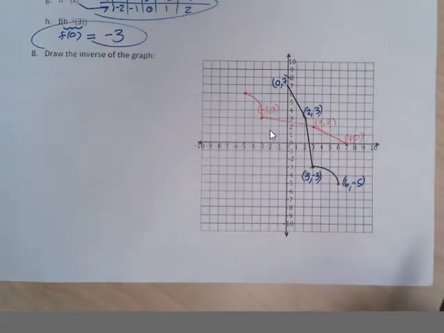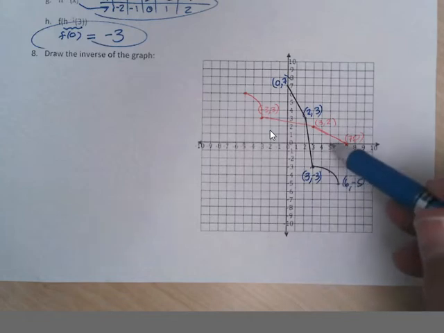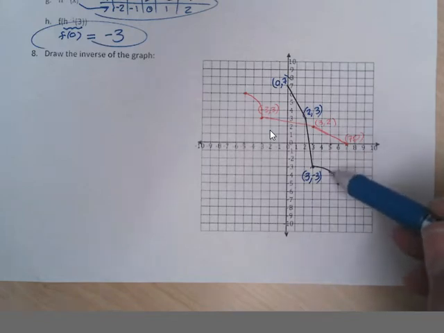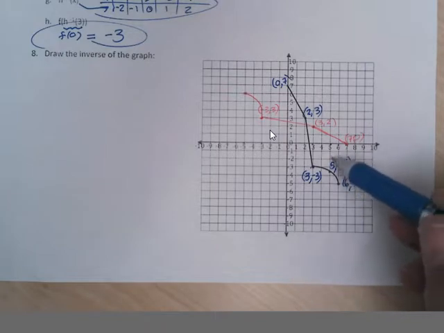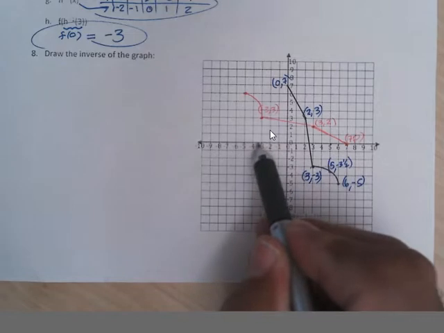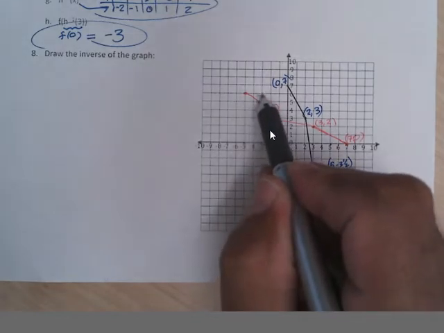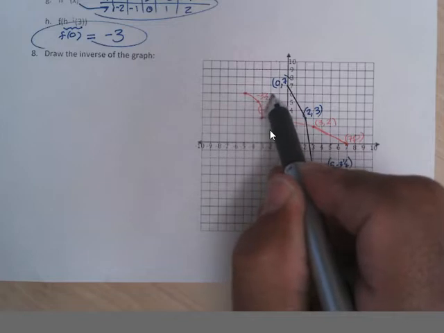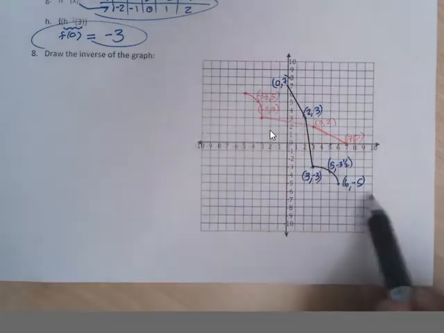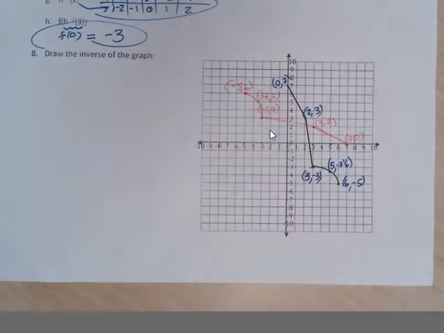You can check in between to make sure you're doing it the right way. This is 5, negative 3.5. So over here we should do negative 3.5, 5. And this place was negative 5, 6. That'll help you get the bend in the right direction.